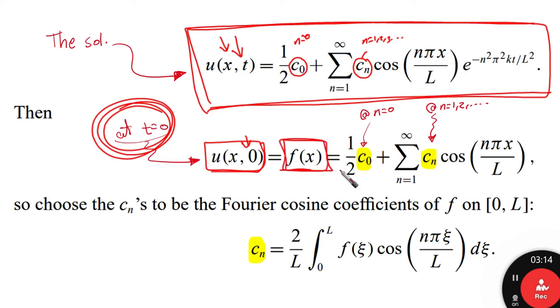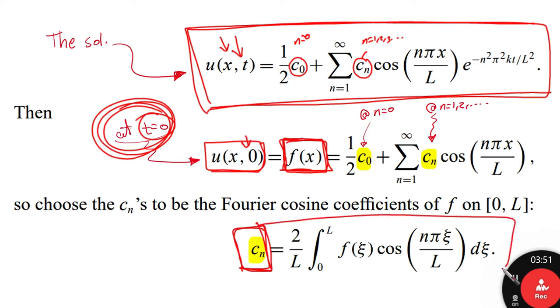This is what the insulated ends boundary condition is telling us, that inside the bar there is a function at time equal to 0 that it will start with, and it equals half C naught plus the summation from n equal to 1 to infinity of Cn cosine n pi x over L. Based on our initial conditions, Cn is going to be found using the Fourier cosine coefficients of the function f on the interval 0 to L.